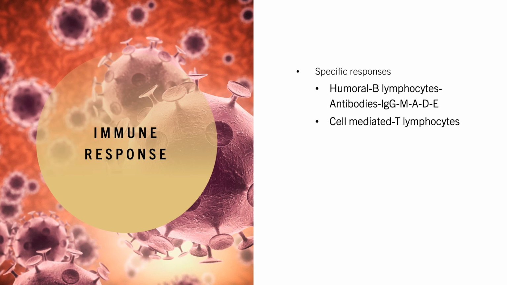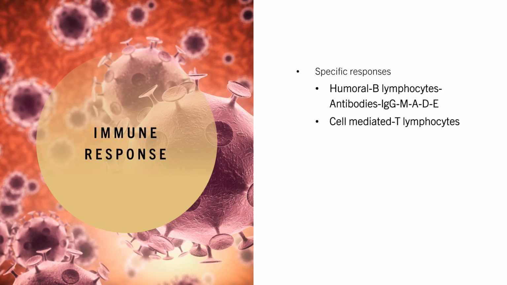So the humoral response is B lymphocytes. So the B lymphocytes, they promote antibody production, and they are making antibodies specific to that antigen. And it's like immunoglobulins.